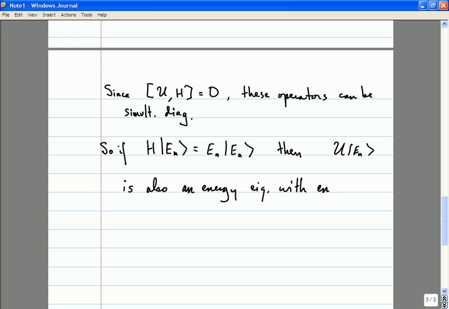With energy En. To see that, you just take H acting on this guy, use the fact that H commutes with U, so you can move H to the right of U, act on En to get a number, and move that number back through U to see that you found a new energy eigenstate.